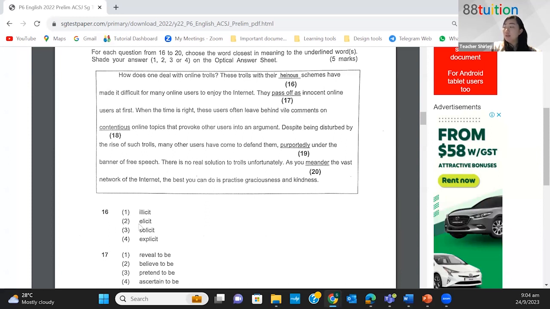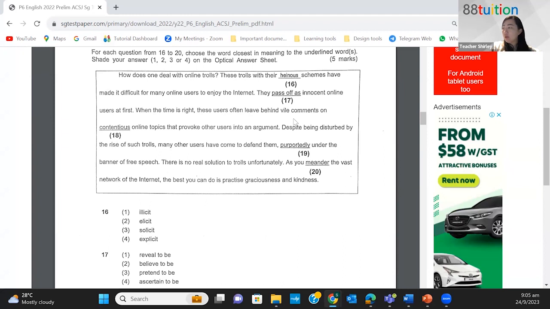That means which of these words have the closest meaning to heinous in this context, okay, in the context of this passage. Okay, so if you notice, it's very different from the one that you've been doing on your homework so far. But I thought I should highlight it because you need to know how the vocabulary cloze looks like for PSLE.